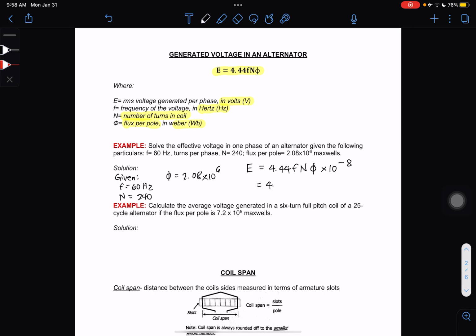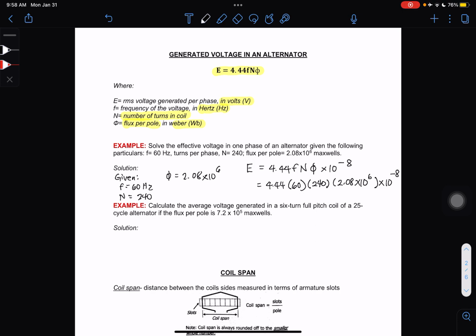So 4.44, our F is 60, our N is 240, and our flux per pole is 2.08 times 10 raised to negative 8.